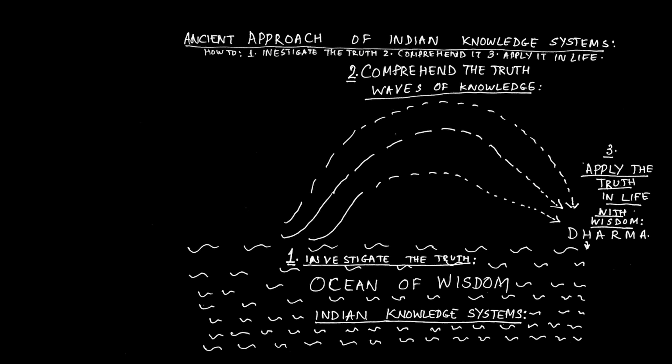All of them make application of teachings in life the central theme. It is called dharma, righteous conduct. It is the basis of ancient Indian knowledge systems. All three investigate the truth in different ways. Buddhism explores the cause of sorrow. Vedanta asks, who am I?